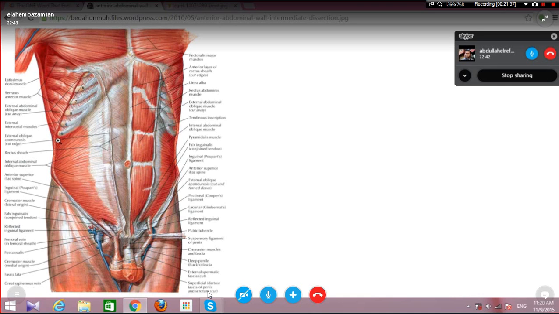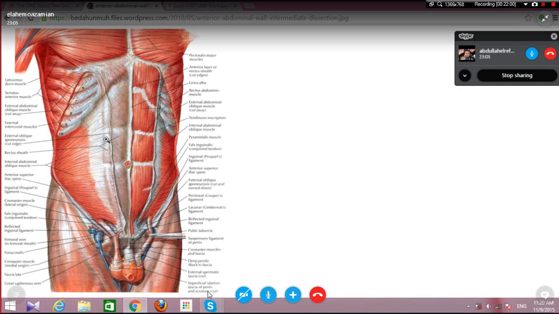If you consider the fibers of external oblique and internal oblique, what's the angle between them? 90 degrees. One is superolaterally to inferomedially, one is inferolaterally to superomedially. Is it clear?